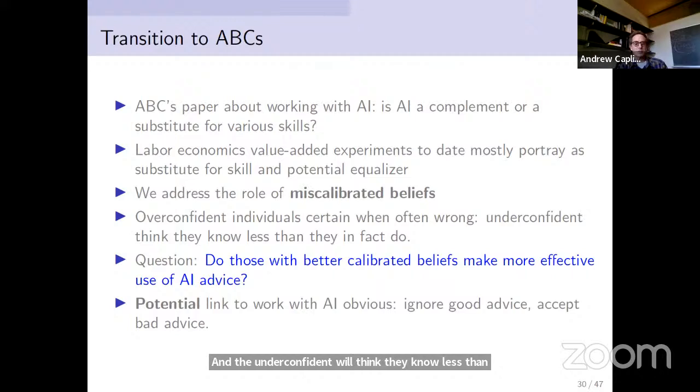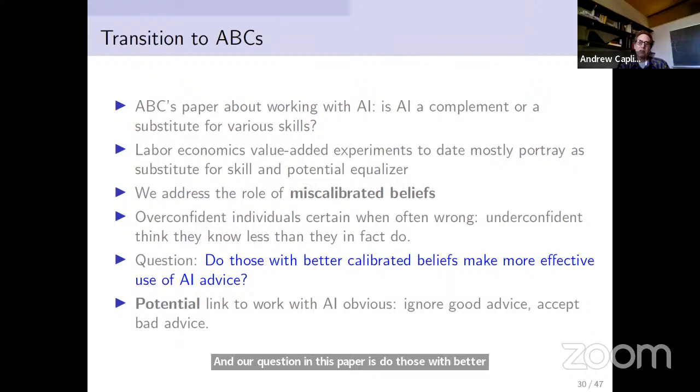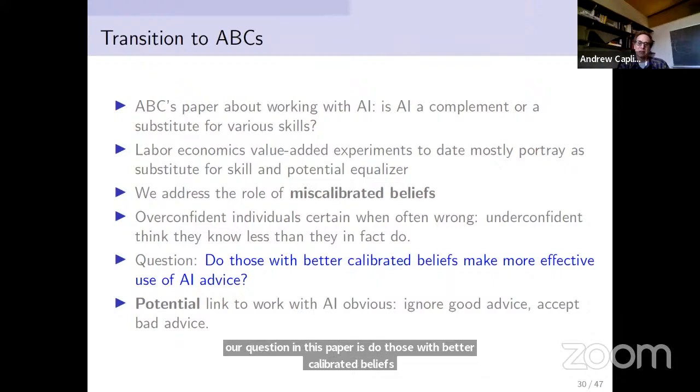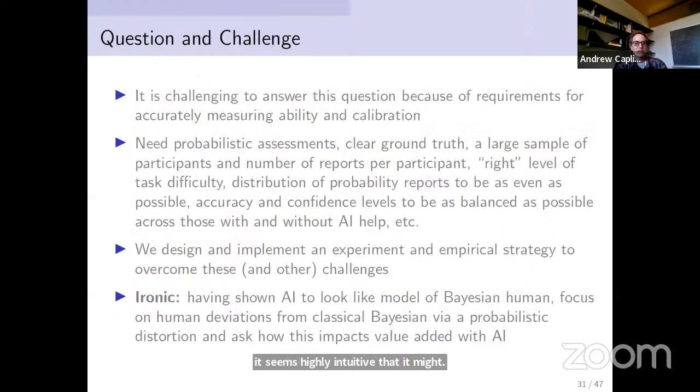And our question in this paper is, do those with better calibrated beliefs make more effective use of AI advice? And obviously, it seems highly intuitive that it might. And I'm going to show that in our little example, it in fact does. The challenge here at the moment is not theoretical, and I think that's an important point to make. We could model somebody who's non-calibrated working with an AI.